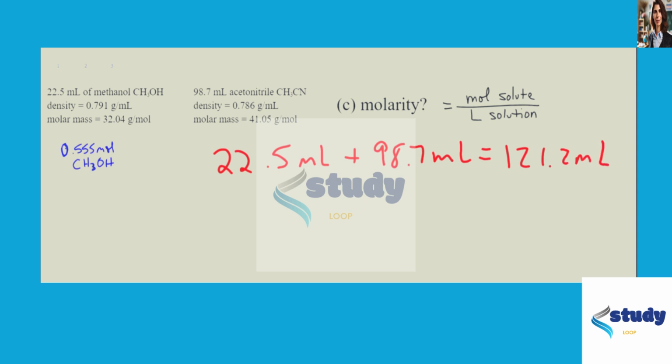Recall that we need liters, not milliliters. And so for that reason, we're going to divide by 1,000 because there's 1,000 milliliters in 1 liter, and find that this is 0.1212 liters of solution.